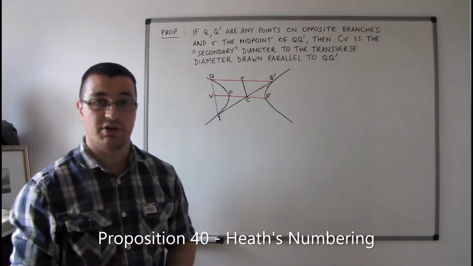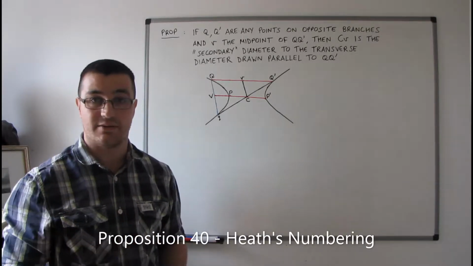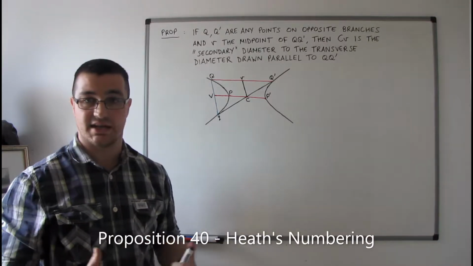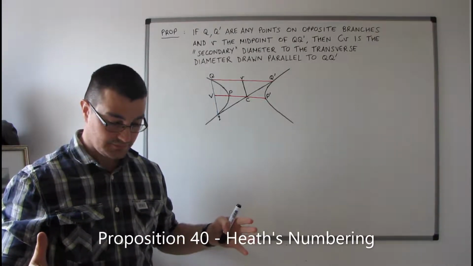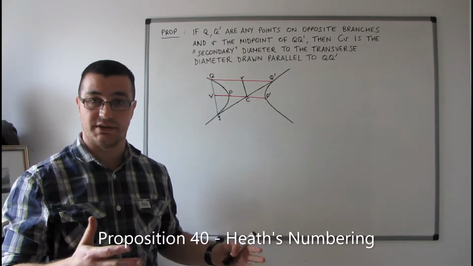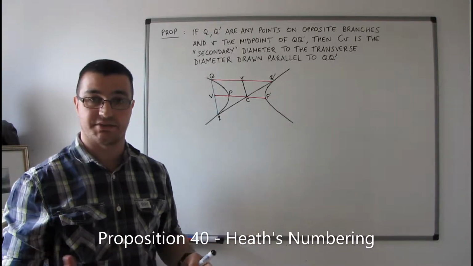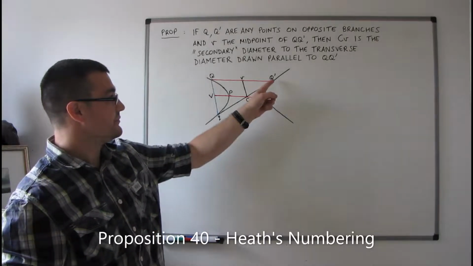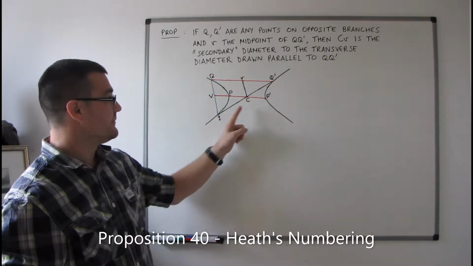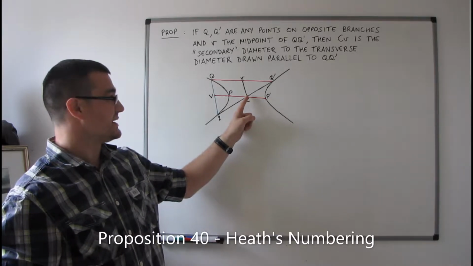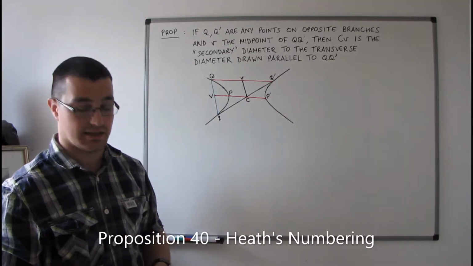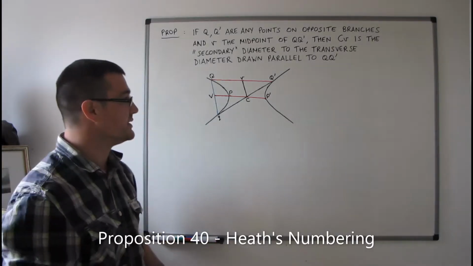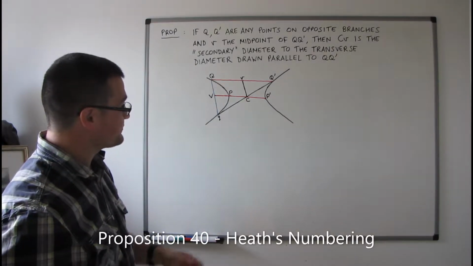A proposition that I'm going to use is proposition 10, which I've not mentioned in any of my videos, but what it says is that any chord of a hyperbola or an ellipse that passes through the centre is bisected at the centre. So this line, because it's a chord that passes through the centre, must be bisected at the centre. We're going to make use of that proposition even though I've not actually proved it.